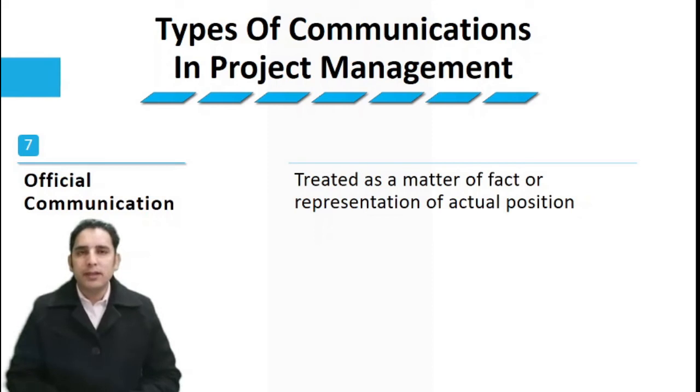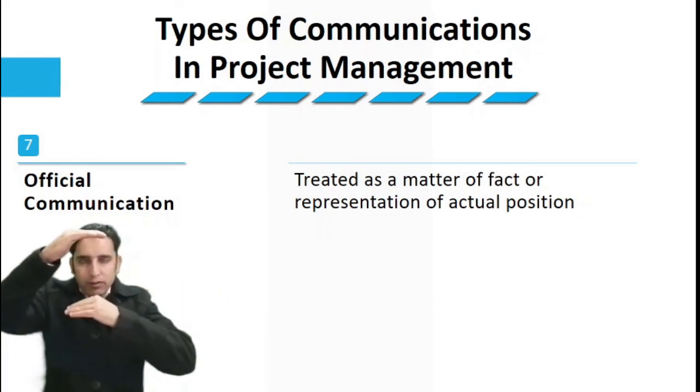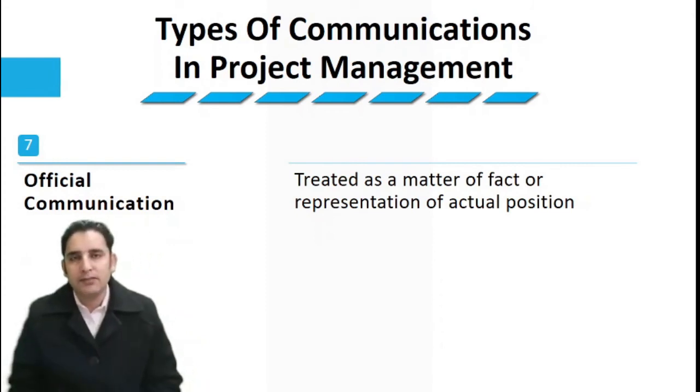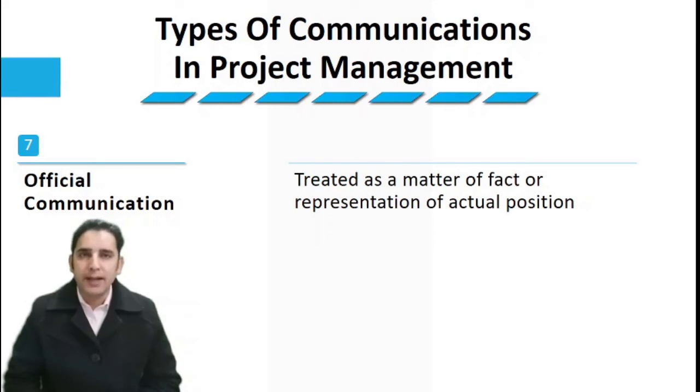This communication is not happening on a horizontal or vertical level, nor is it an informal, spontaneous discussion about the flow of the project. Rather, this is the time the project manager is representing an official situation about the project.